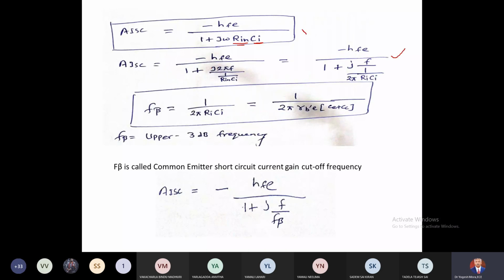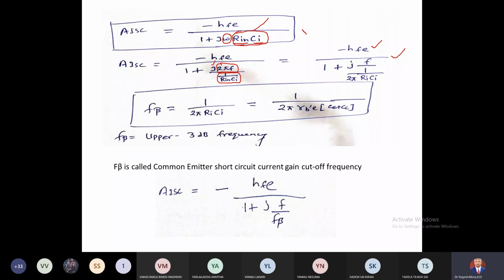Now this expression I will further write as 1 plus j, in place of omega I will write 2 pi f, and Rin by Ci I will bring into the denominator, and this will be written as minus hfe over 1 plus j.